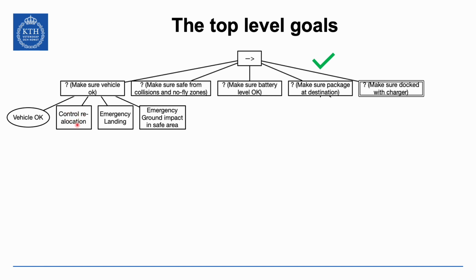We have a redundancy in the number of propellers, so we can fix problems like that. If that doesn't solve the problem, we might try an emergency landing to save the vehicle. If that doesn't work either, we might try an emergency ground impact in a safe area to avoid hurting other people. That is not really going to make the vehicle okay, but it's going to make the vehicle more okay than a dangerous crash.